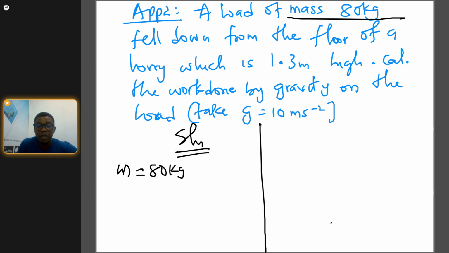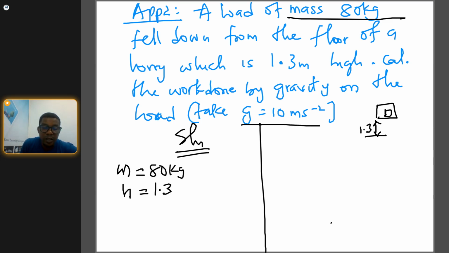So the height from the lorry to the floor is 1.3, and h is given to be 1.3. Another information given is the constant of gravity, g, which equals 10 meter per second square.